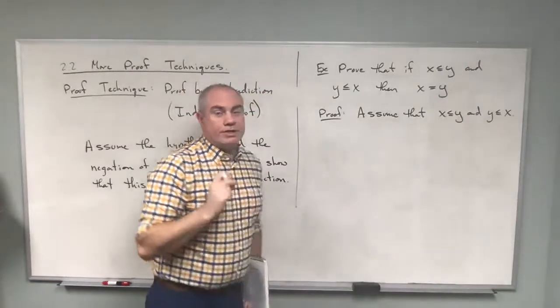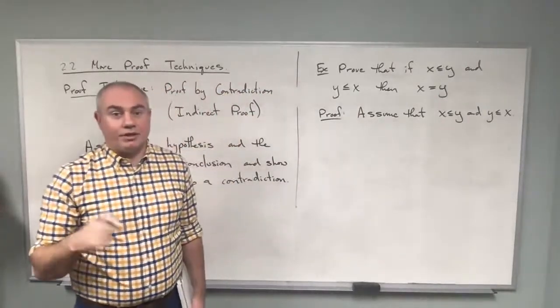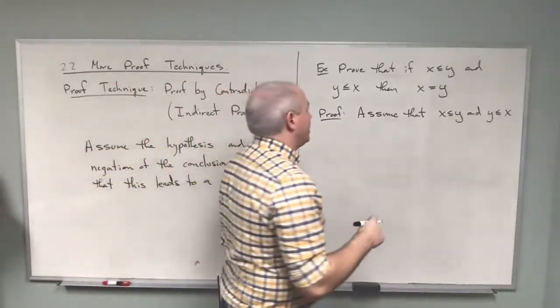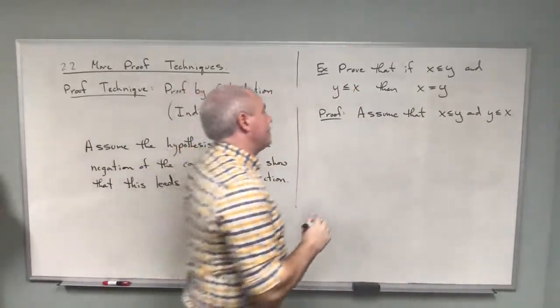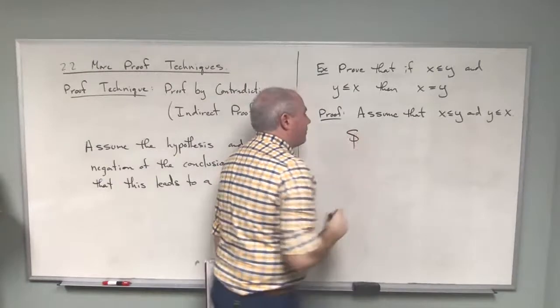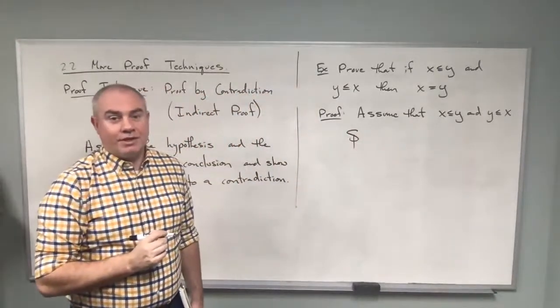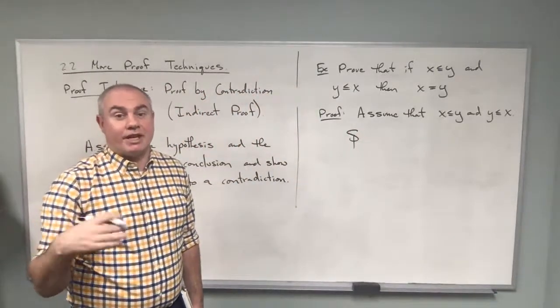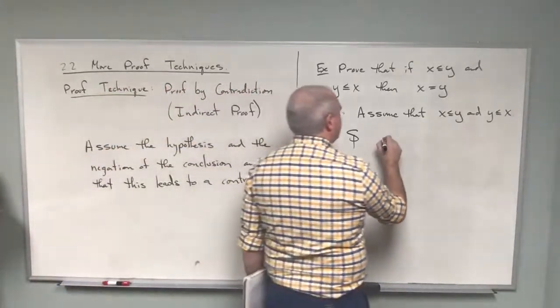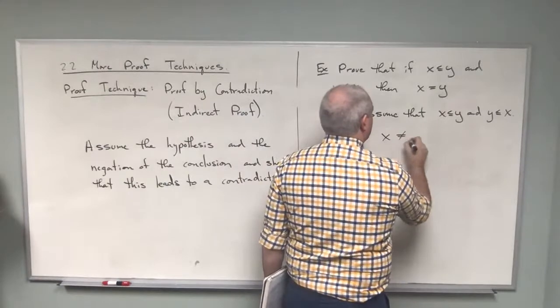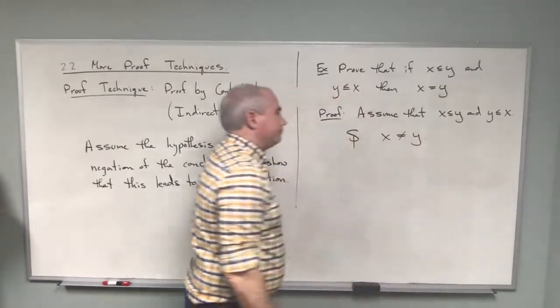Now I get to assume the negation of the conclusion. The conclusion in this situation is x equals y. So I'm going to suppose, and remember this is my fancy symbol to say, I'm about to say something that I don't actually believe, but I'm going to say it's true. So I'm going to suppose that x is not equal to y.